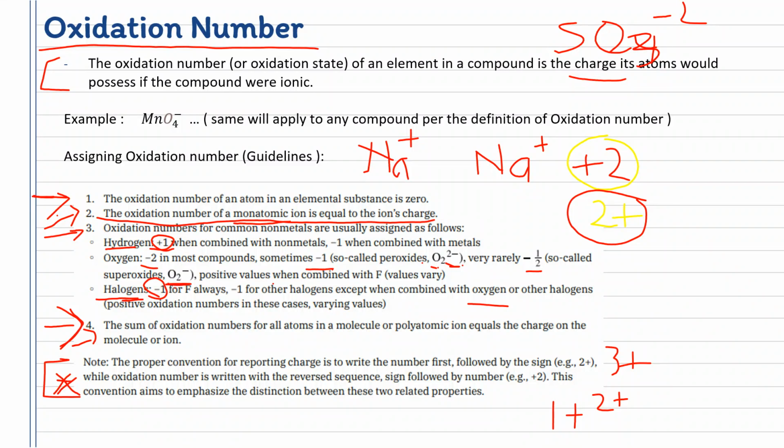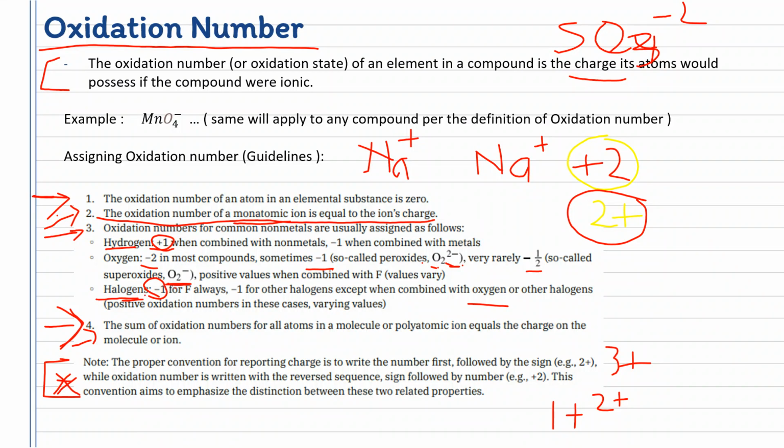Oxidation state is going to be a positive value when it's combined with fluorine. Now we said that all halogens, if you don't know what halogens are, all the elements that are in group 17 if you're looking at a big periodic table, or group 7 if you're looking at a condensed periodic table.